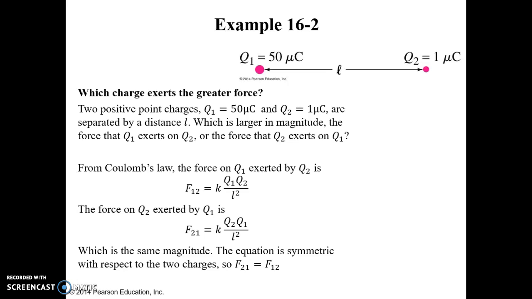And if we were to calculate the force on Q2 exerted by Q1, it would be the same equation, but with the two flipped, which means the magnitude is exactly the same. So the equation is symmetric with respect to the two charges, and therefore the magnitude of F21 equals the magnitude of F12, just in opposite directions.